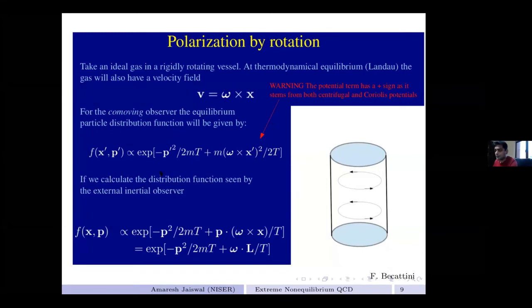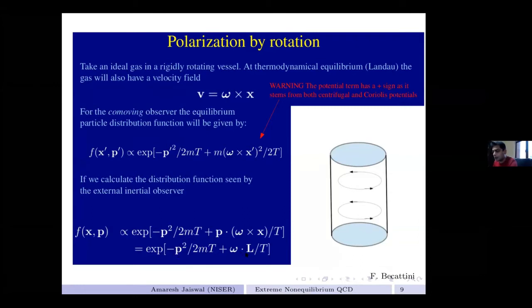Now for a co-moving observer, the one who is rotating with the gas, the distribution function is basically given by the kinetic energy due to the motion of the particle and due to the velocity of the rotation. One can do this calculation and go to the external inertial observer. In the frame of the inertial observer, what we see is that the kinetic energy term p squared by 2m is there.